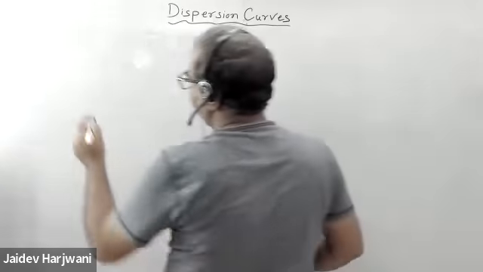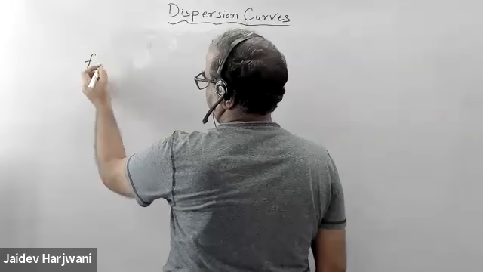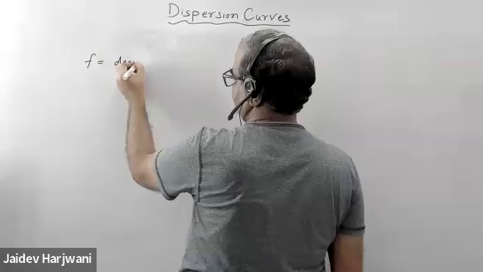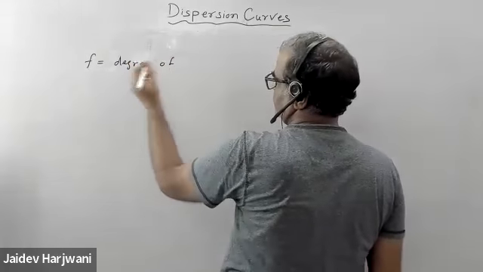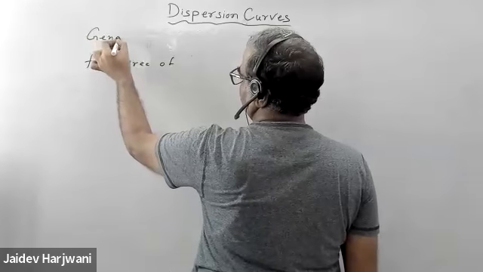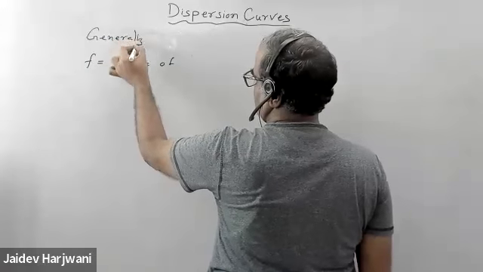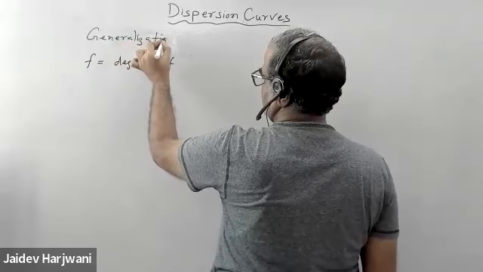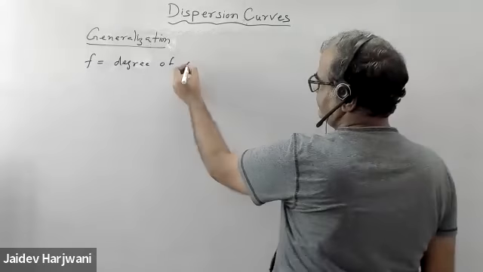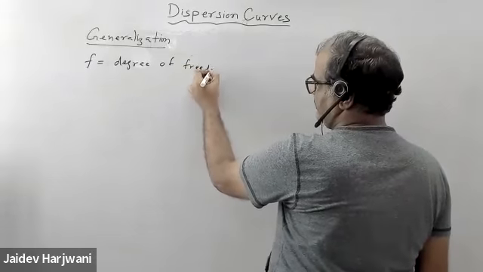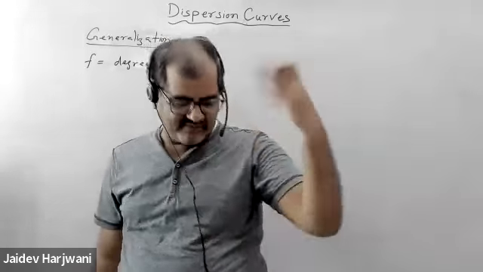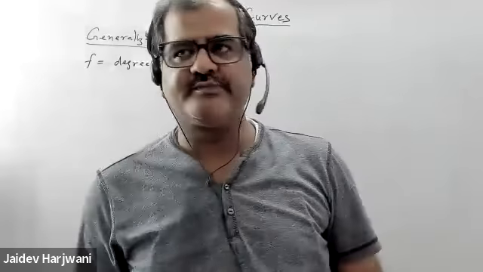If you have f degrees of freedom, I'm writing a generalization. That means it can be 1D, 2D, 3D, 4D, ND, for whatever dimensions there are.